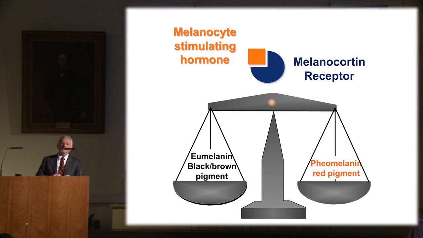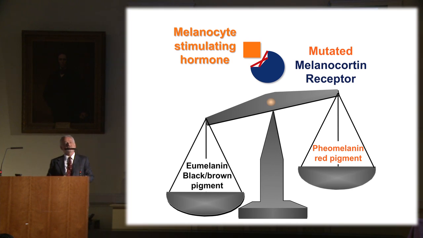And the most important mechanism that regulates that is a hormone which is produced in the brain, but also in the skin locally, which is called melanocyte stimulating hormone, and this binds to a receptor, melanocortin receptor, which is on the pigment producing cells, also on other cells, but on the pigment producing cells, it has the job to keep in equilibrium the eumelanin black-brown pigment and the pheomelanin red pigment.